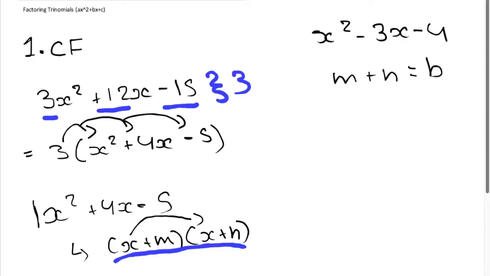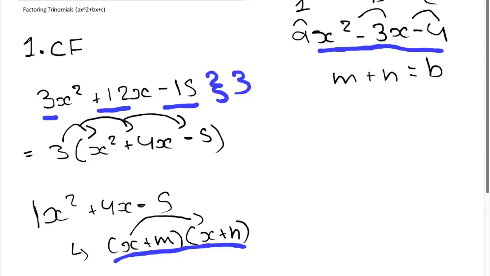Some of you may be asking, what is b? Because this is the general form of a quadratic equation, in x squared minus 3x minus 4, b is negative 3, a is 1, and negative 4 is c.